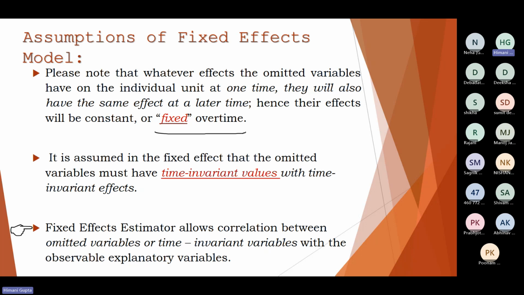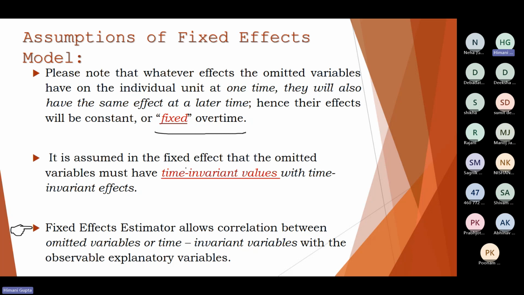In front of your house there is a concrete building. So again, that will be fixed over time. Today also, tomorrow also, day after tomorrow also. Or culture. Culture is fixed over time. For each and every country, your culture is fixed over time. So whenever there is such a problem, it is taken care of by the fixed effect model.